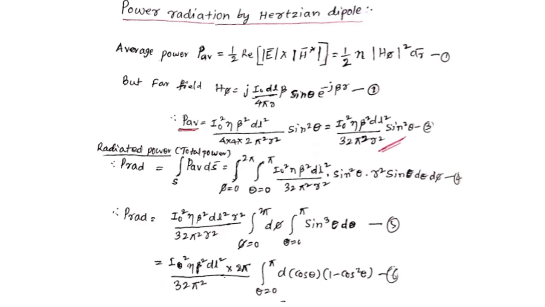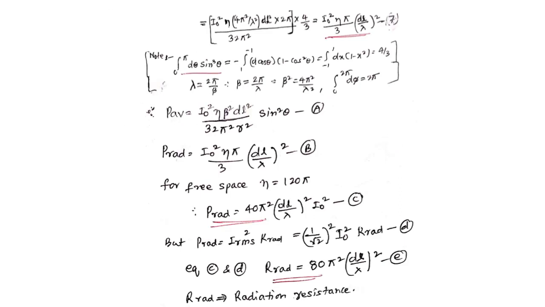The r square cancels out, giving 2 pi, that is integration of phi from 0 to 2 pi d phi, into integration of theta from 0 to pi d cos theta into bracket 1 minus cos square theta, call equation number 6.